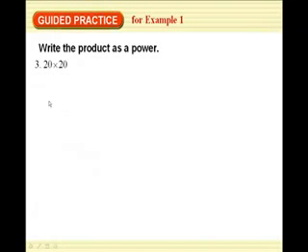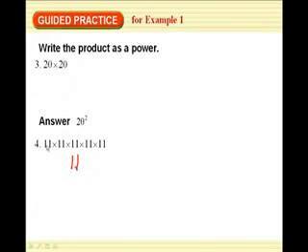20 times 20. 20 is the repeated factor. That would be 20 squared. And 11 is the repeated factor. So how many 11s are there? 1, 2, 3, 4, 5 of them. So it's 11 to the 5th. This pen has ideas of its own sometimes.